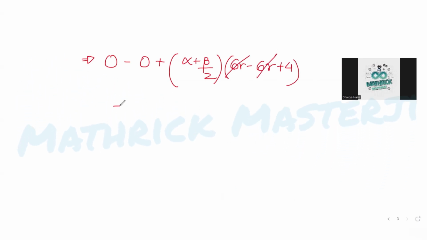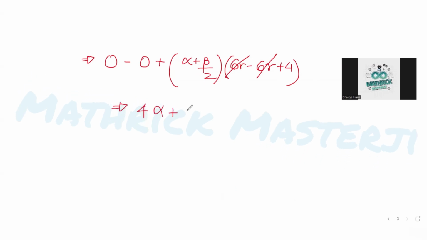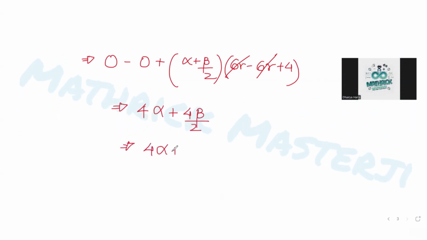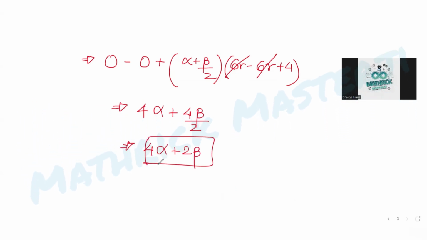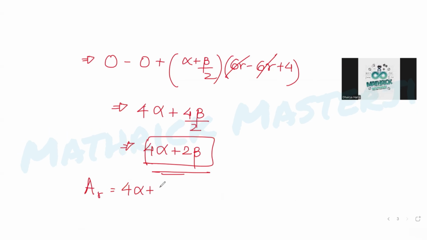The 6r cancels. Multiplying through, I get 4 times alpha plus 4 times beta over 2, which gives 4 alpha plus 2 beta. So the determinant of matrix A_r is 4 alpha plus 2 beta.